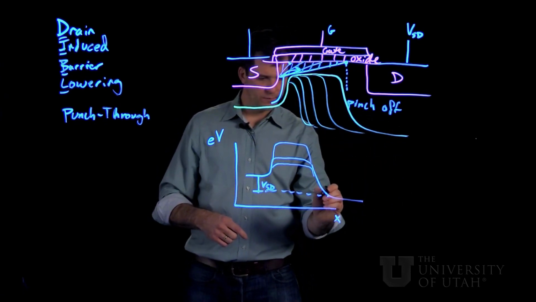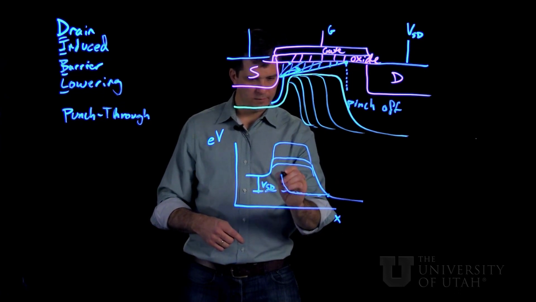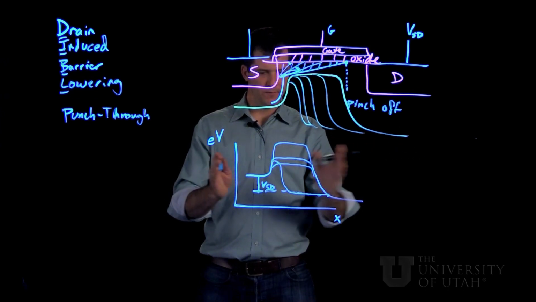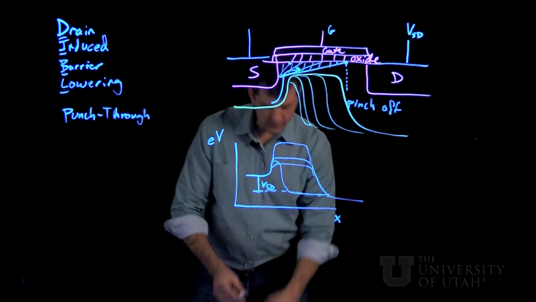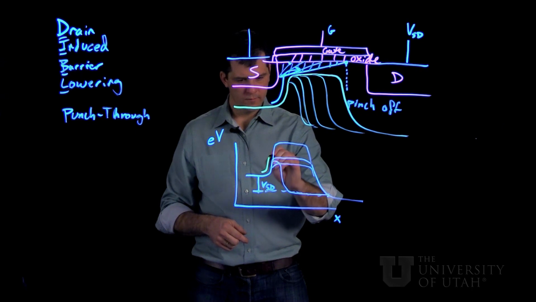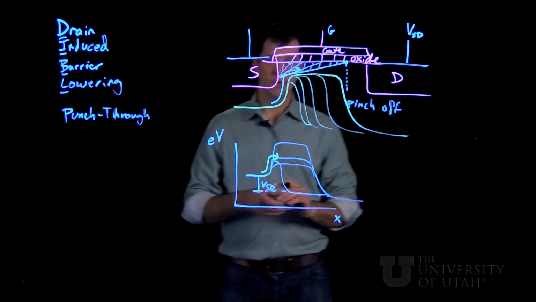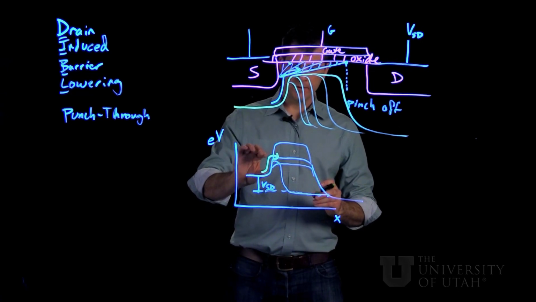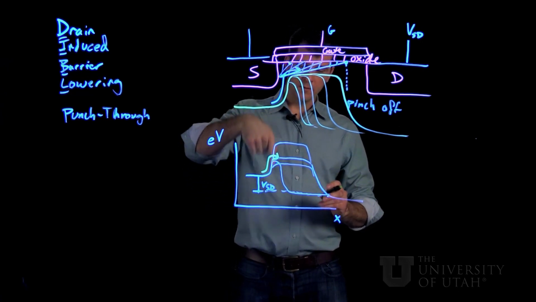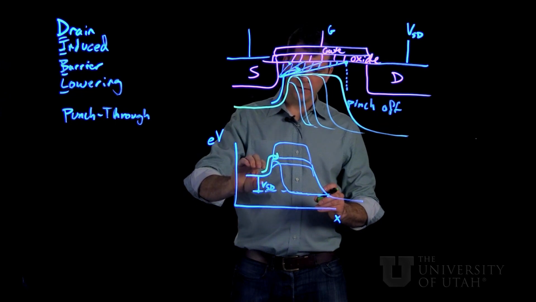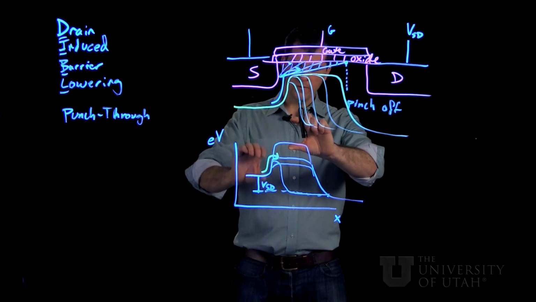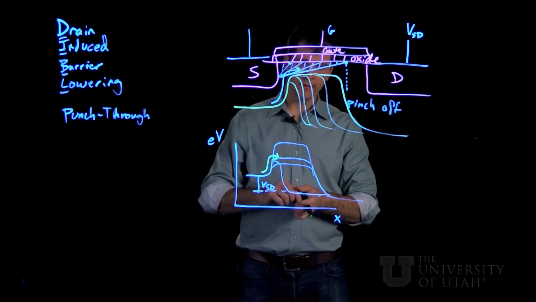So the thing is, at large enough source drain voltage, this energy barrier for injecting the electrons into the channel will start to be lowered. And it'll take a lower relative bias between the gate and the source in order to inject the carriers.